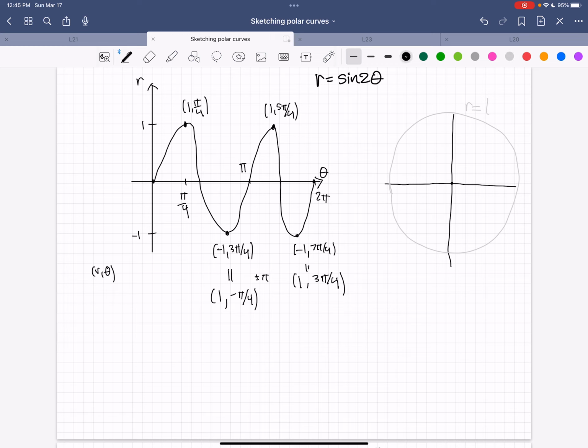And so this can help us place some points. So we know that when theta is 0, we get this point at 0, 0. Then when our angle is pi over 4, we've got this radius of 1. So that means that we land on that radius 1 circle when theta is pi over 4. So that's what this point is.